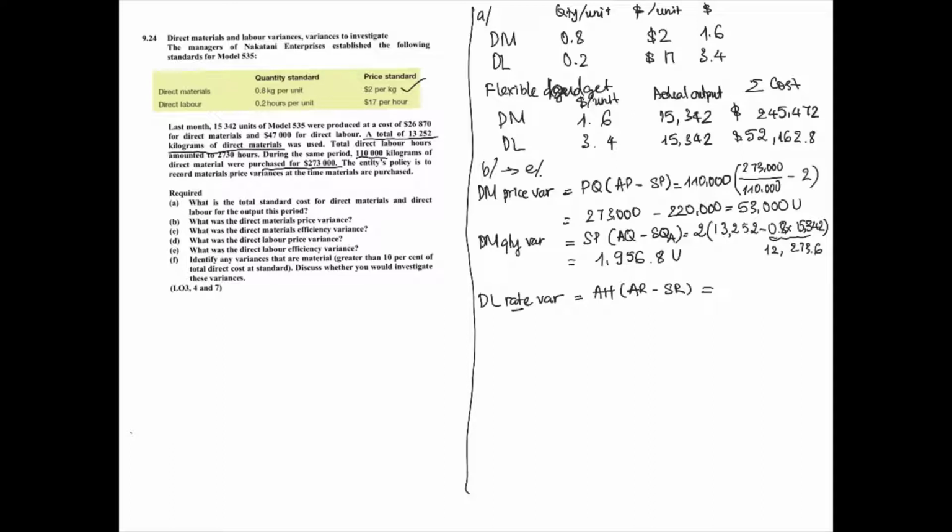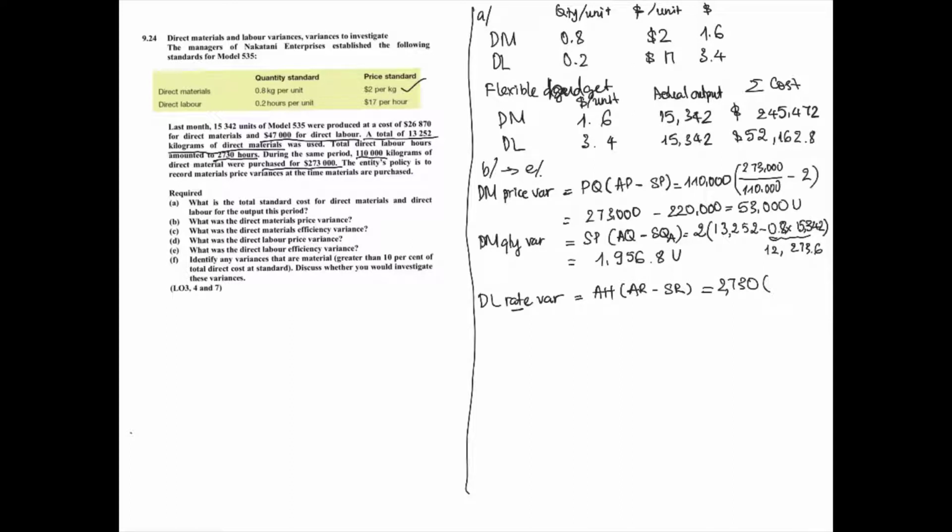So in here, the actual hours that we use, they give us 2730 hours. And actual rate, you see, a cost of 47,000 for direct labor.